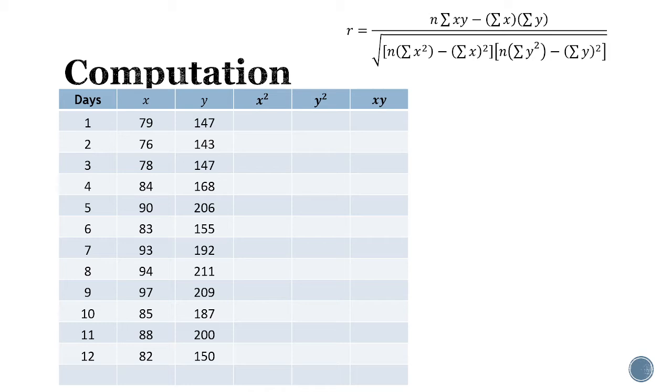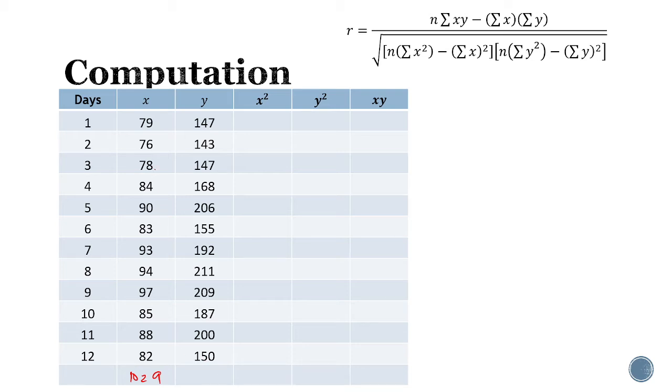So, going ahead, for the summation of x, we actually have here 1029. Okay? And burahin ko lang yung 2. Sorry. So we have 1029 for our summation of x.